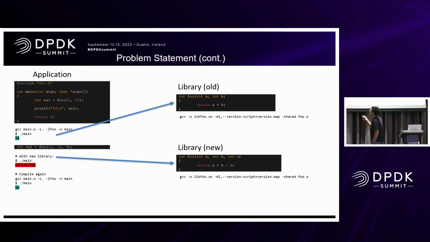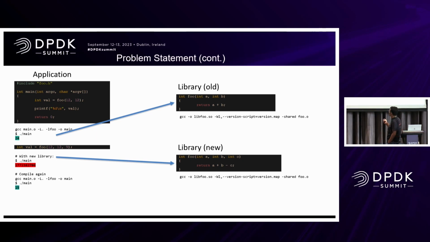So this is very, very simple. We have an application calling function foo, which has two arguments, which just adds them up and returns. We run it, it gives the correct result, great. Then I update my library. Now it gets three parameters and does another logic. Can I run my old application with this new shared library? Normally there are mechanisms to prevent this, like soname and versioning, but assuming they are not there, yes, I can run it.